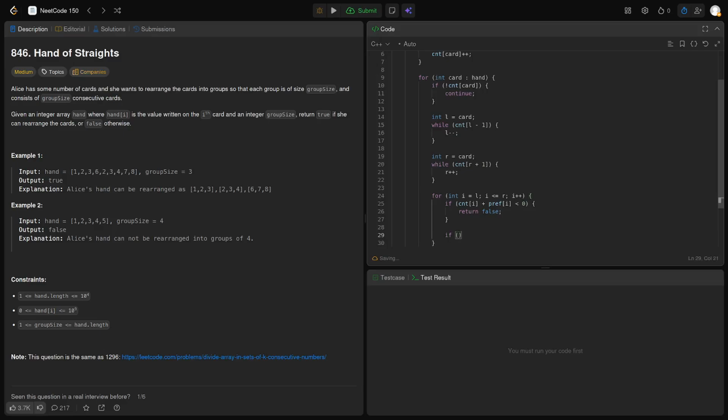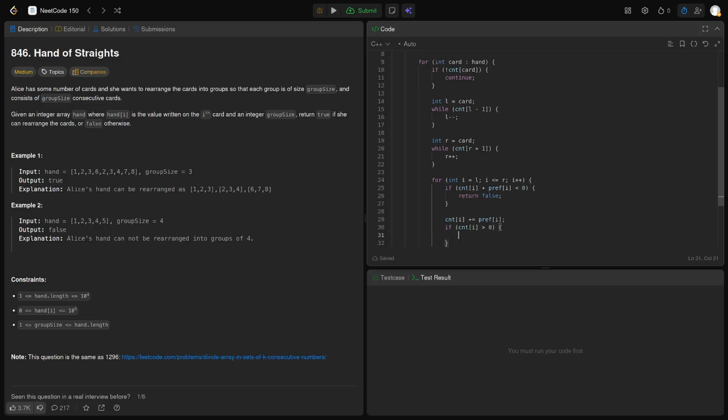And now we want to do count of i minus equals or plus equals prefix of i, and then if count of i is over 0, then we want to subtract, so prefix of i plus group size minus equals count of i.